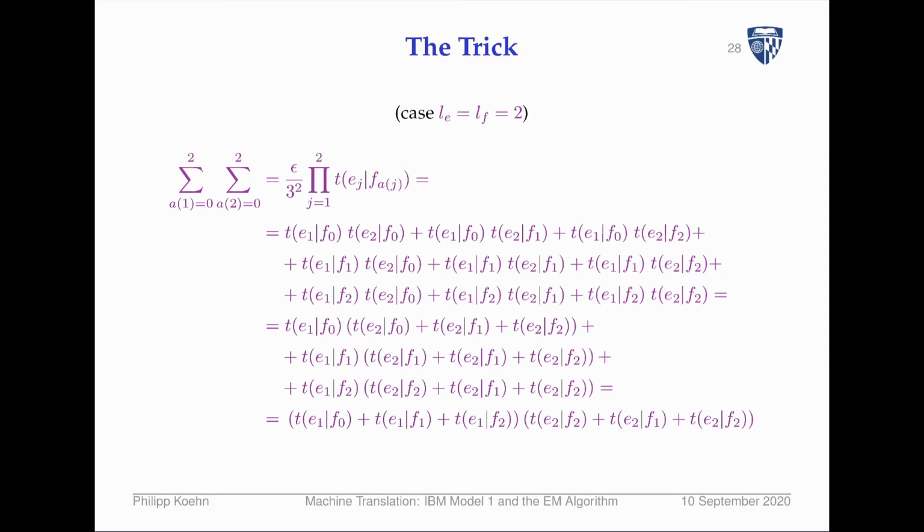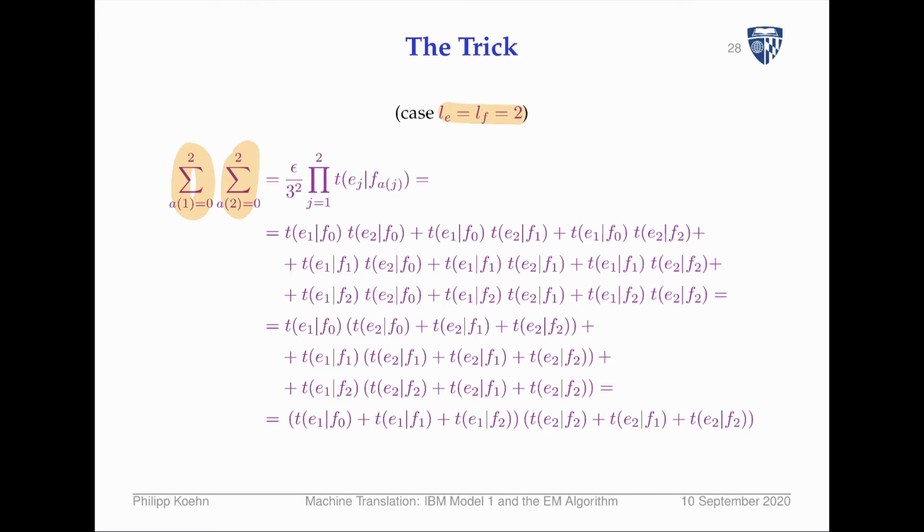This is the mathematical trick for why that is possible. Let's do it for this example of LE and LF being 2. So we have two sums here, and we have to sum over these things.